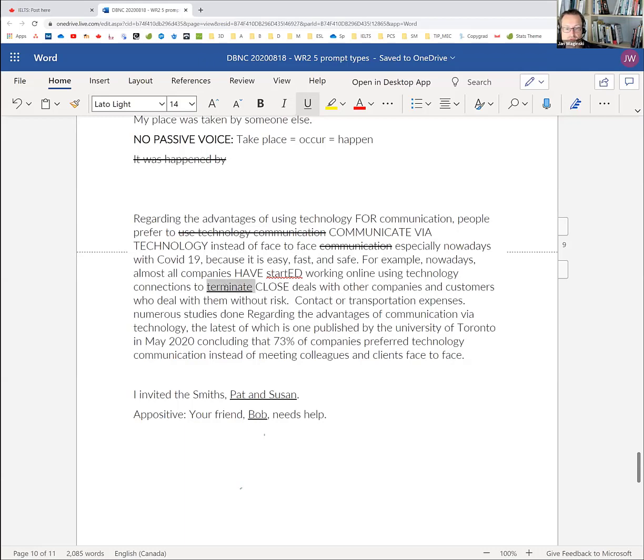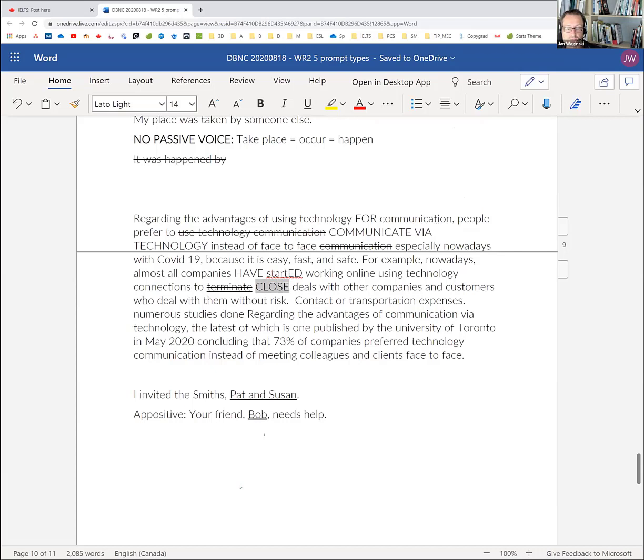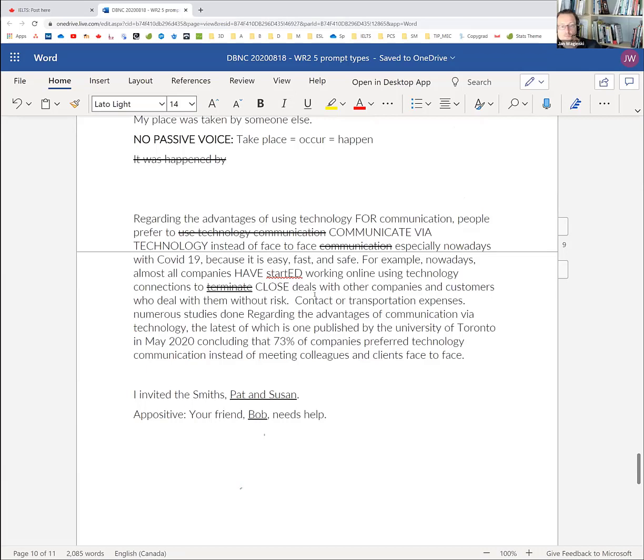Terminate means like a cutoff or a stop. I mean by that, like close a deal. Yeah, so you can't paraphrase this phrase, close deal. If I wrote finish a deal, finish like a stopping? Nope. Don't paraphrase it.